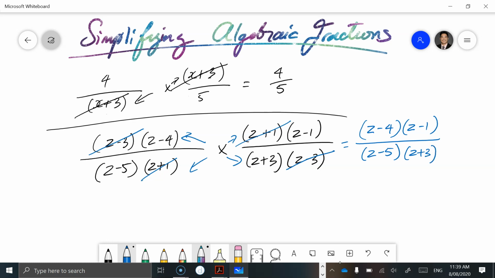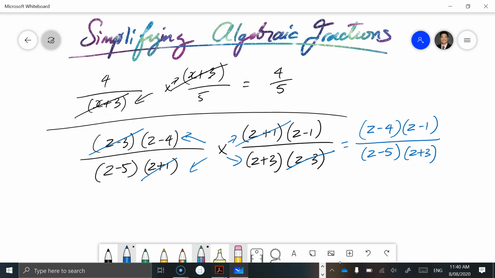None of these bracketed factors are in common with the top and the bottom, so you do not do anything else with it. There is no need to expand. The whole idea of simplifying is that we're making it smaller. The moment that you start expanding the brackets, you're then going the opposite direction. You're not going in the right direction that it's really asking for.